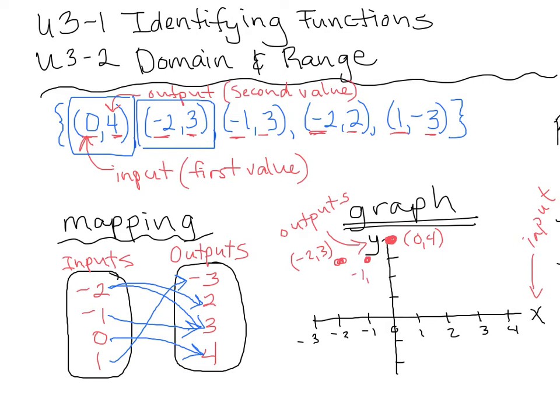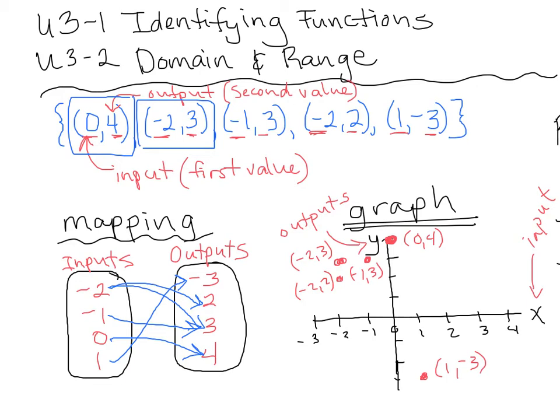Then -2, 2. That's to the left 2 and then up 2. And finally 1, -3. I need to extend my axis down a little further. We have 1 and then down 3, so down here, that's 1, -3.